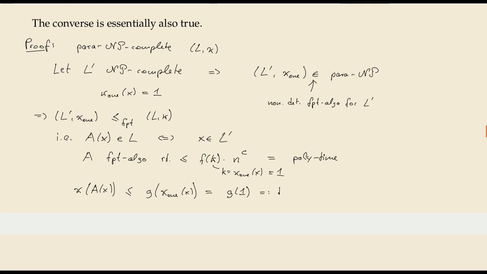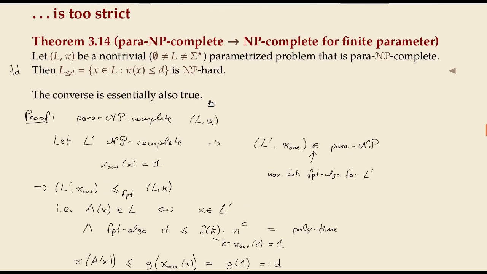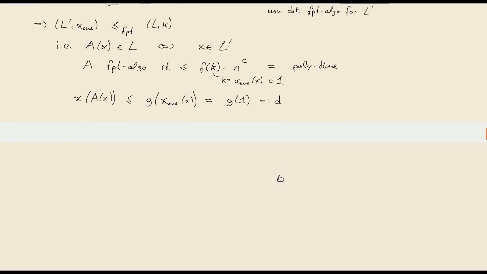And this is how we will set our d from the theorem. So, plugging this together, we found a polytime reduction, namely just the algorithm A.